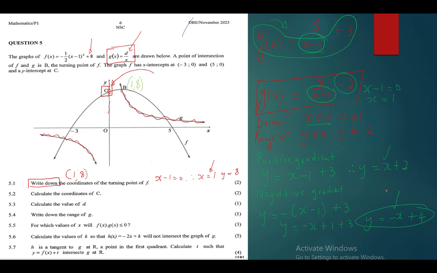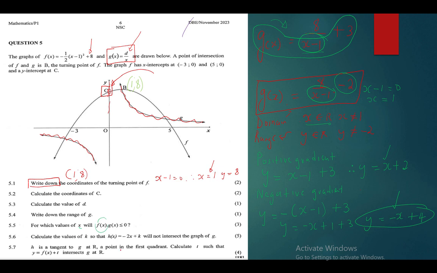I was just reminding you how to find the axis of symmetry of a hyperbola function. So here they want to know for which values of x will f of x times g of x be less than or equal to 0.